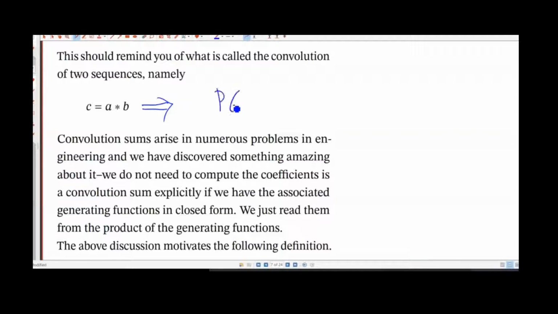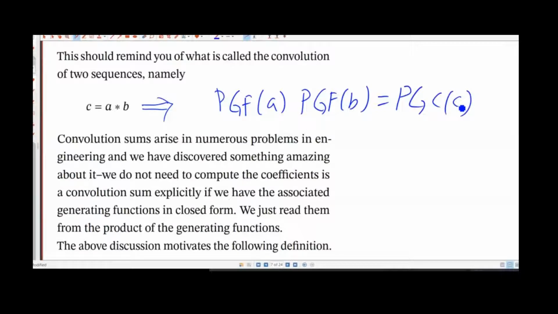So if I take the PGF of A and the PGF of B, I will get the PGF of what? C. Yeah. Which one of these is easier? Is this easier or is this easier? Here I have sequences. They are not smooth functions, and because of that, convolution is horrible to imagine.